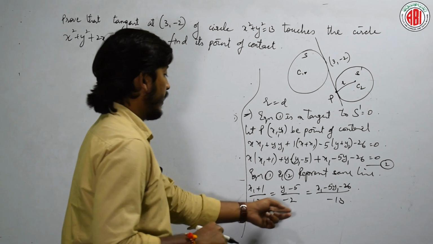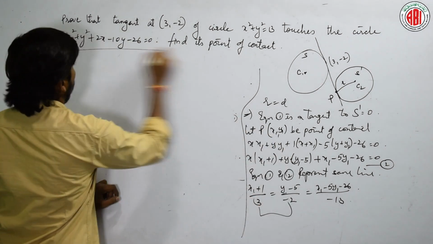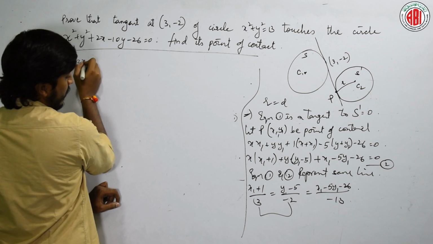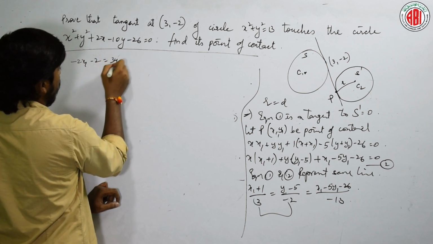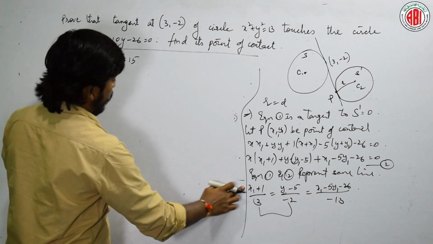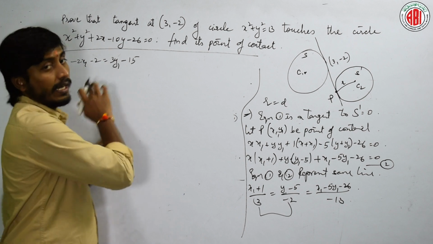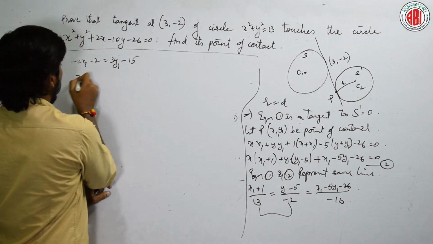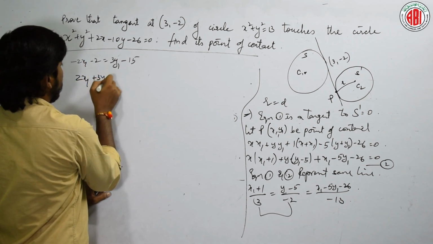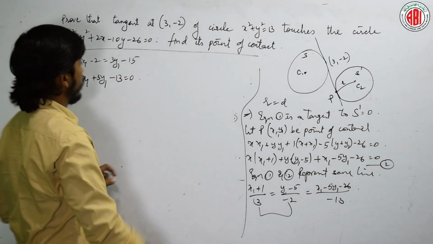Clear? Let us equate these both first. So, what do we get? Minus 2x1 minus 2 is equal to 3y1 minus 15. Clear? Okay, let us bring all to one side, that will be 2x1 plus 3y1. If this 2 comes this side, that is minus 13 equal to 0.